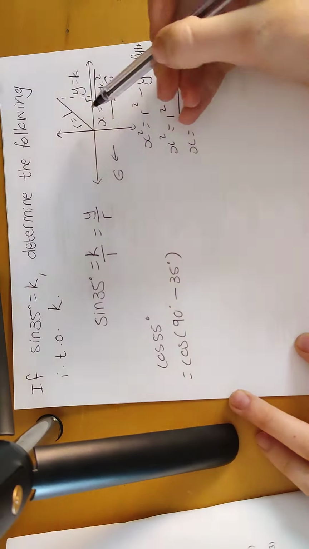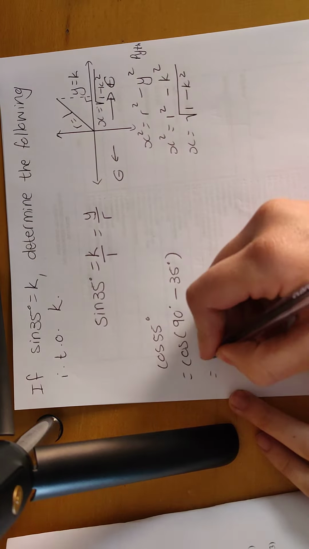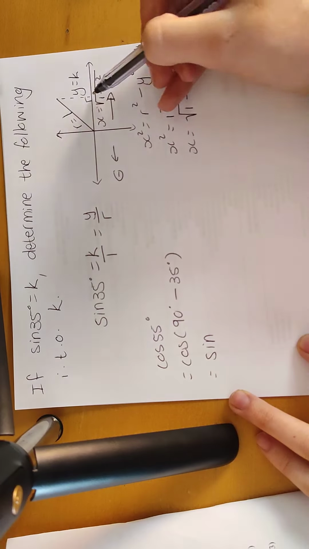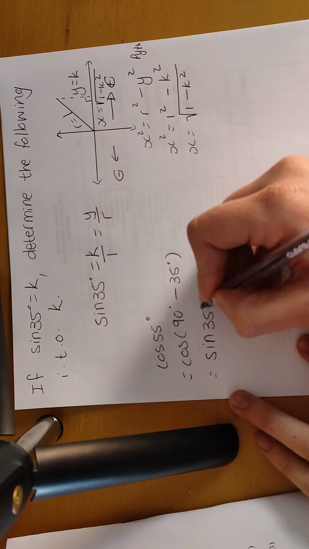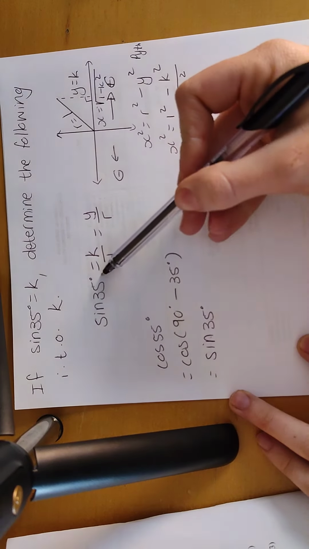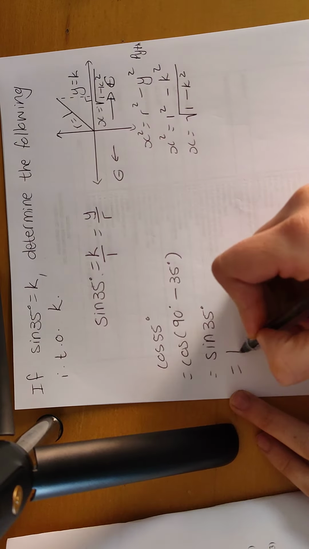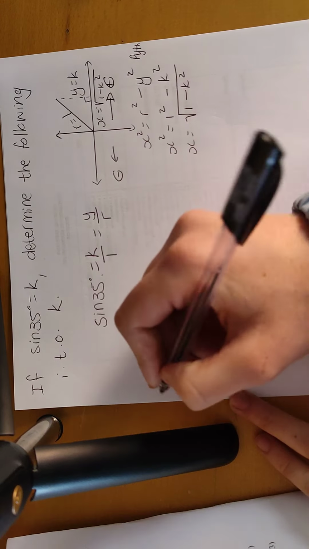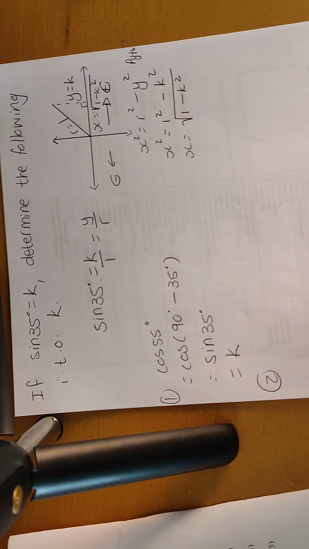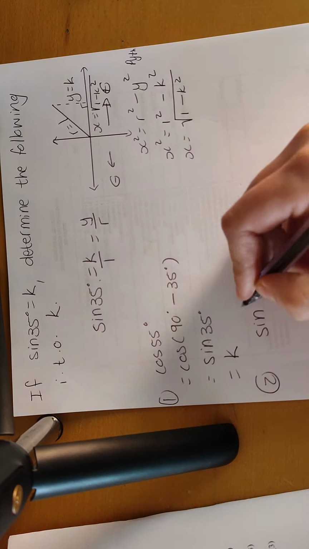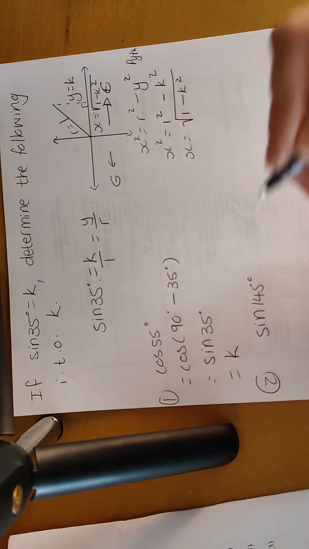Because it's 90 degrees, we have to change this to sine, 90 degrees minus, it's positive, né, sine 35 degrees. And guess what? You already have a value for sine 35 degrees, and it is k. So there's your answer.